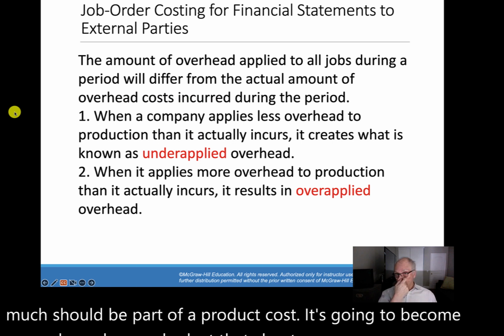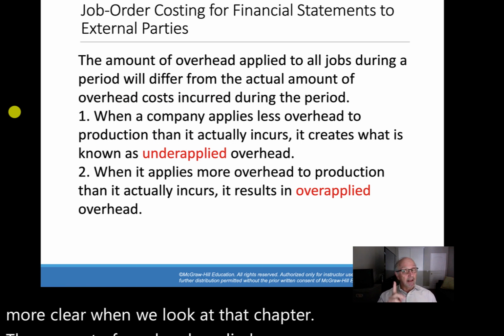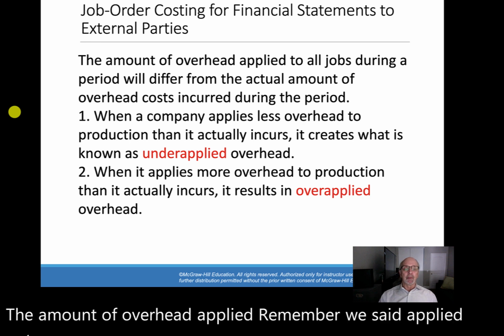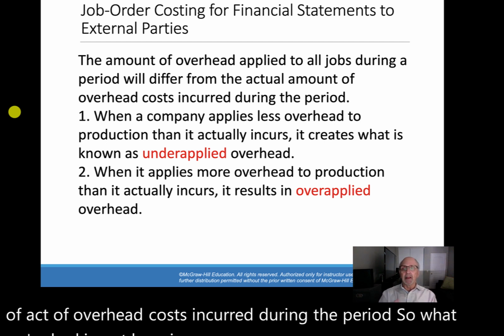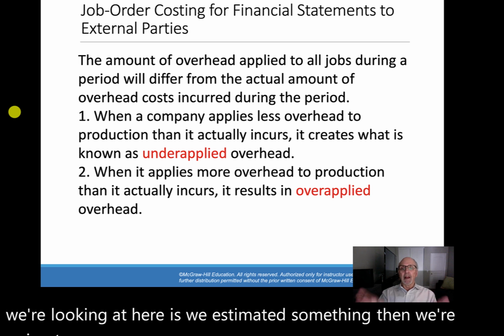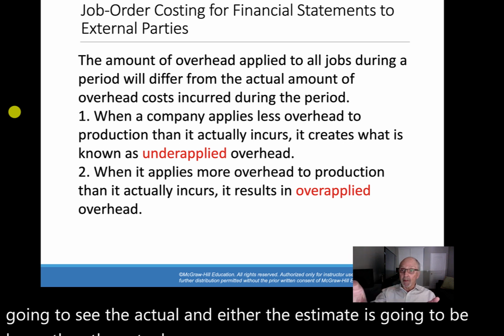The amount of overhead applied, remember we said applied, not actual, during a period will differ from the actual amount of overhead costs incurred during the period. So what we're looking at here is we estimated something, then we're going to see the actual, and either the estimate is going to be lower than the actual or it's going to be more than the actual.